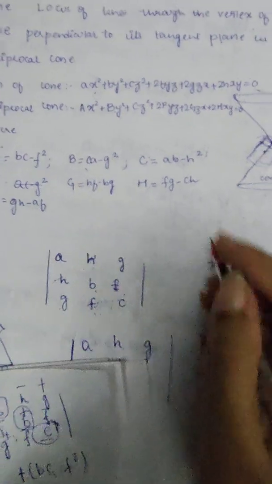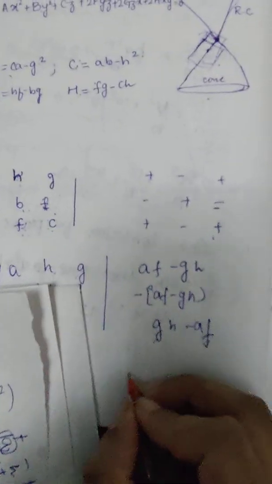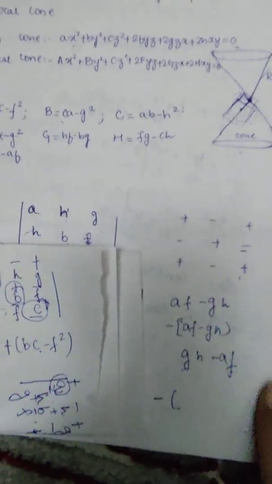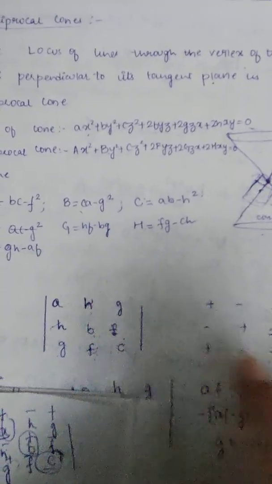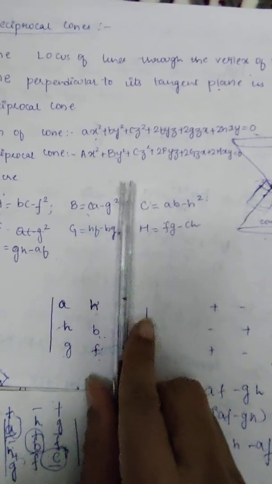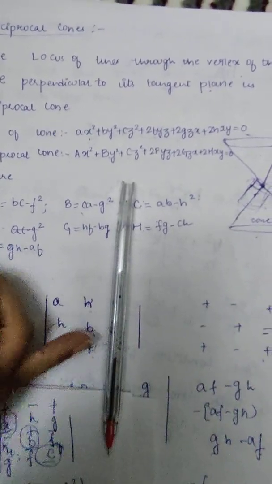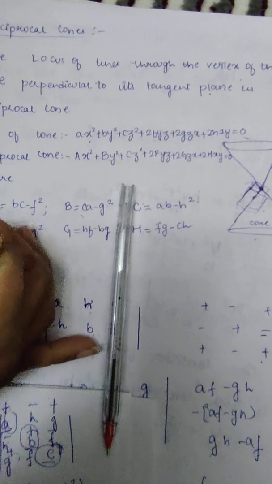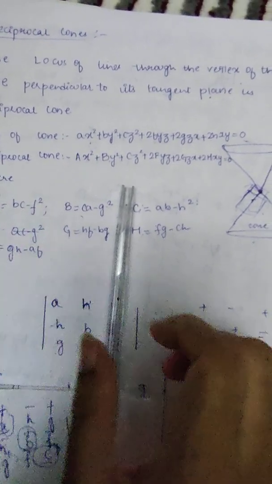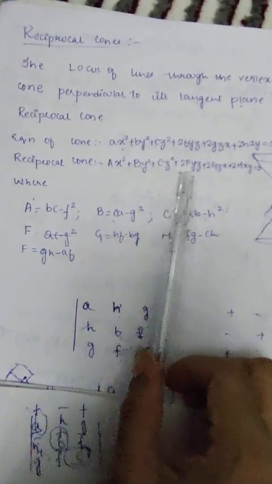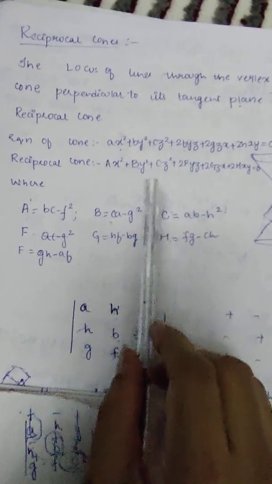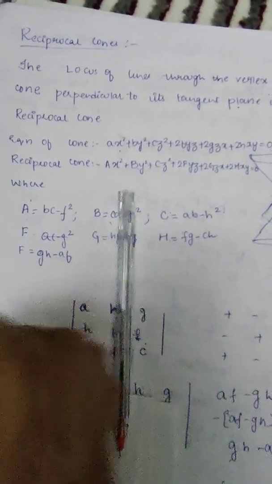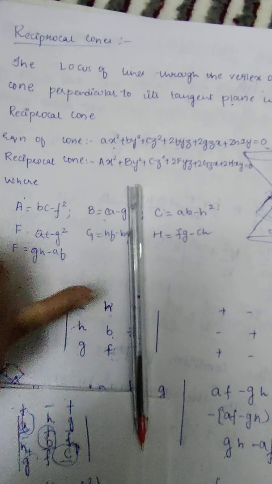Minus of, if I'm going to take this one now, determinant of this F, that means you're going to hide this particular column F and this particular row. So what is the answer? I'm finding the determinant for F, so hide this particular column and this particular row.